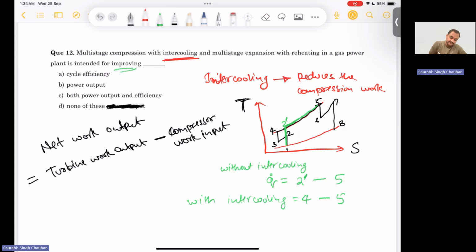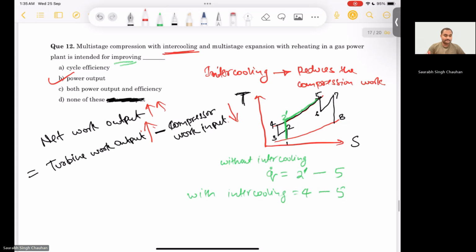Okay, so basically overall work output will increase. Okay, but in most of the cases the efficiency will drop. Okay, so only part B should be the correct option. Please note that the efficiency can be reduced. So power output will of course increase, but efficiency can be decreased. Okay, so part B is the correct option.